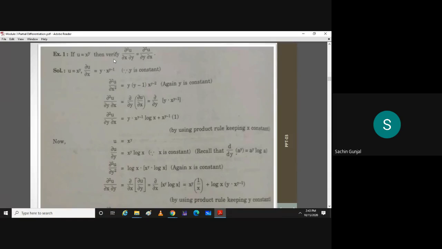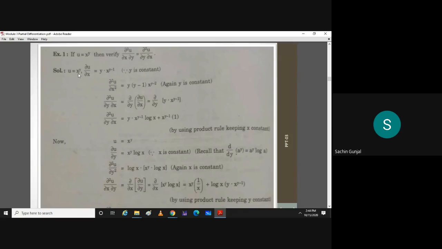So u is equal to x raised to y. We are asked to verify del square u by del x del y equal to del square u by del y del x. So u is x raised to y. First with respect to x, this y is treated as a constant.